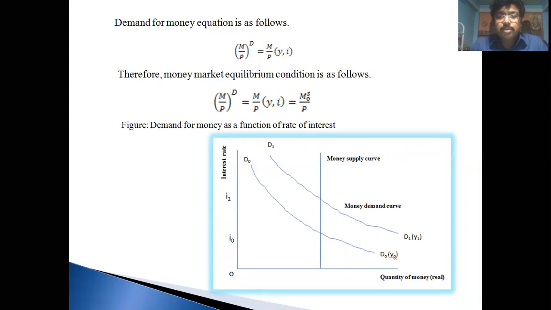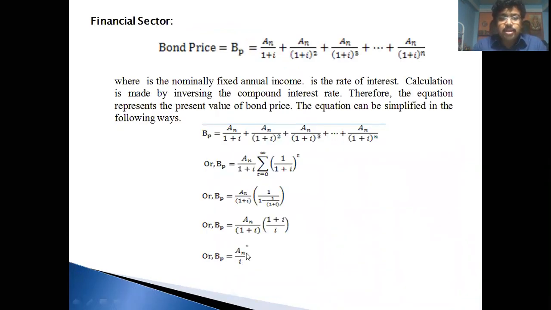But the bond has some problem. The individual can lose profit by investing in bonds. Suppose if you look at my previous slide, then you find that keeping this part constant, if the rate of interest is increasing, then bond price will be decreasing. If I is increasing, then BP will be decreasing.